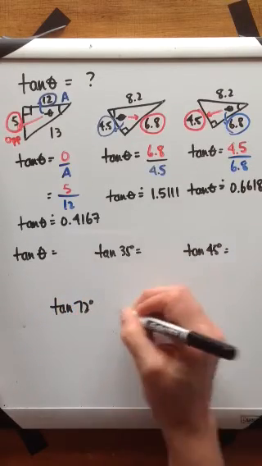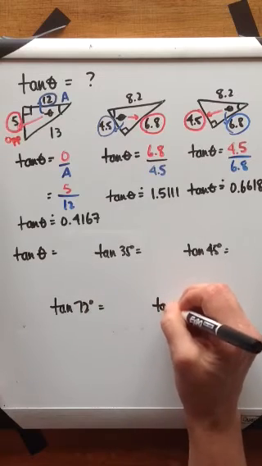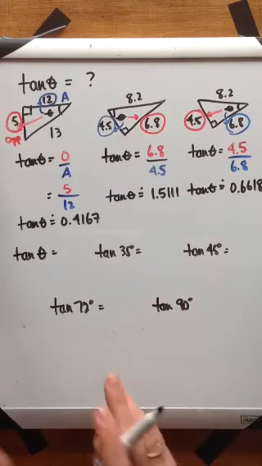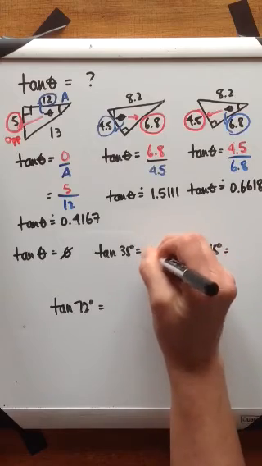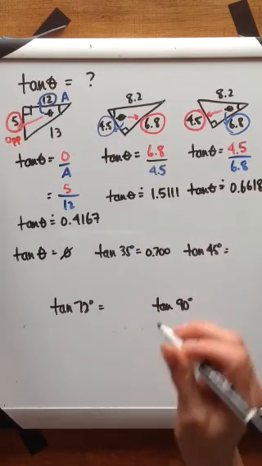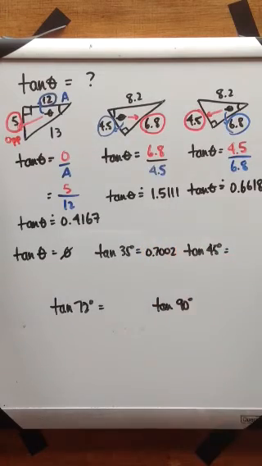Tangent of 72 and tangent of 90. Okay? Go ahead, I'll race you. And again, we'll write them all to 4 decimal places unless I tell you otherwise.